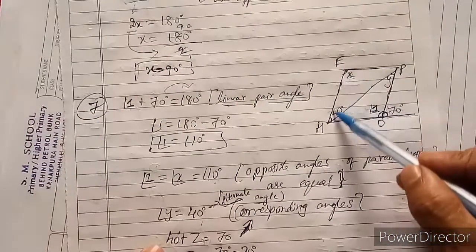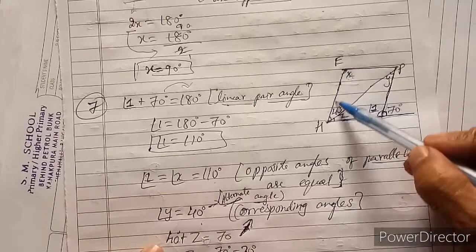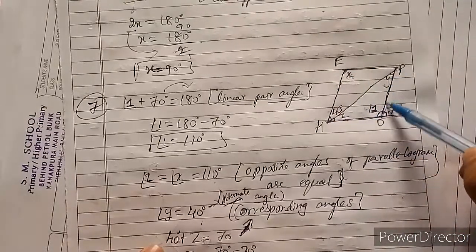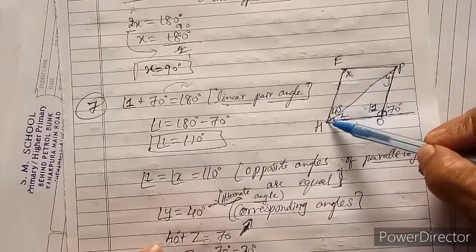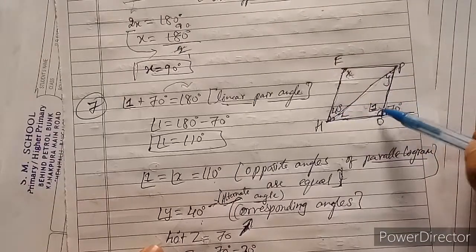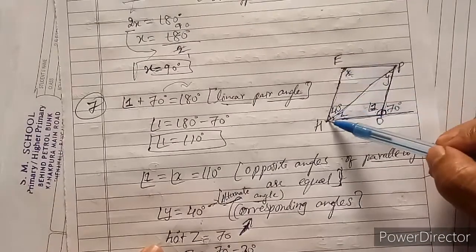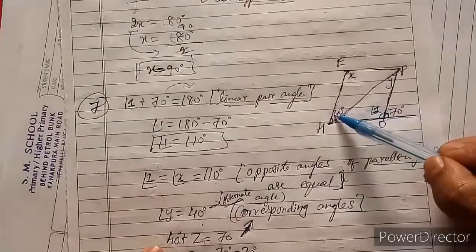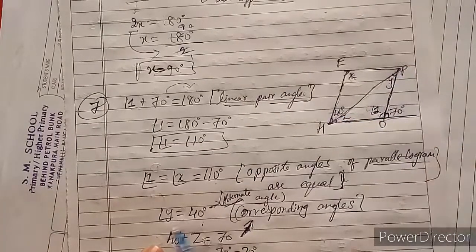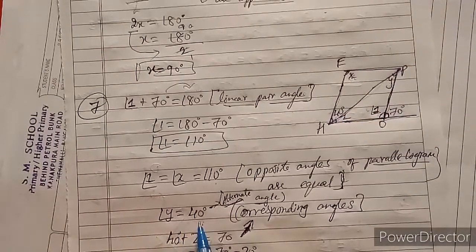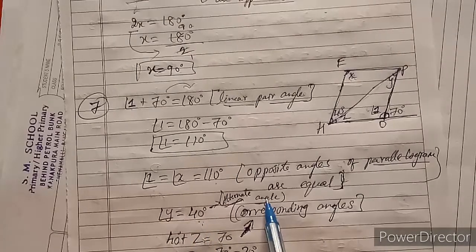See this angle, from here we are taking a Z form. This is the Z form we are taking here. Repeating once again, this is the Z form, this angle is equal to this angle, so angle y is also equal to 40 degrees, because they are alternate angles.